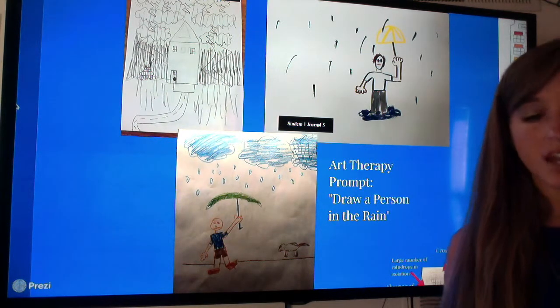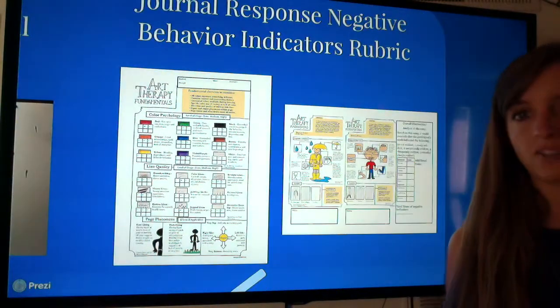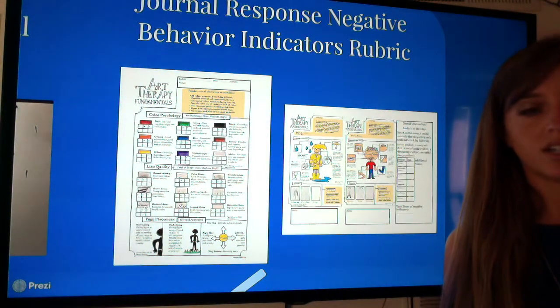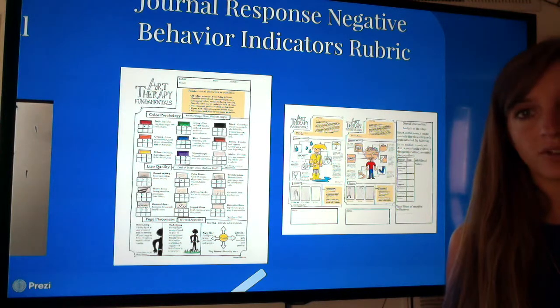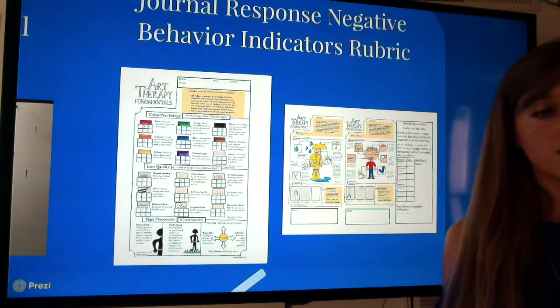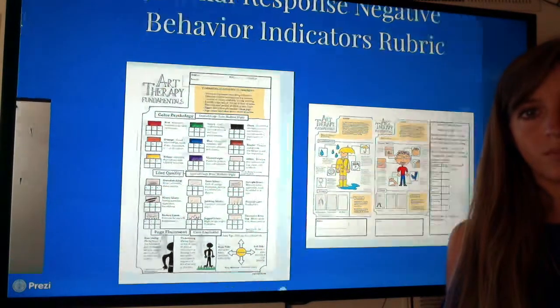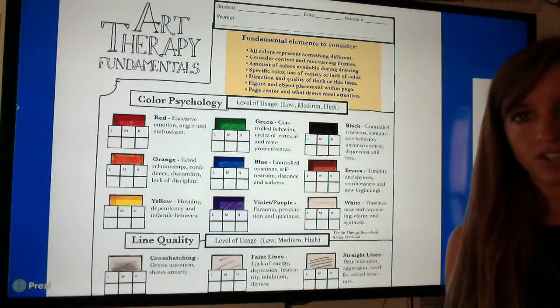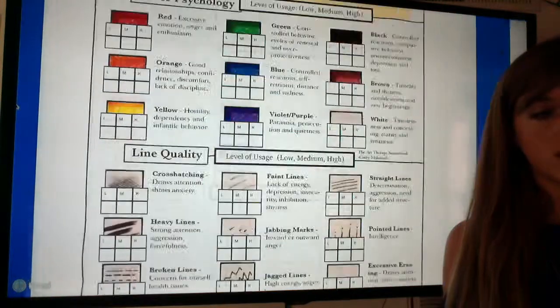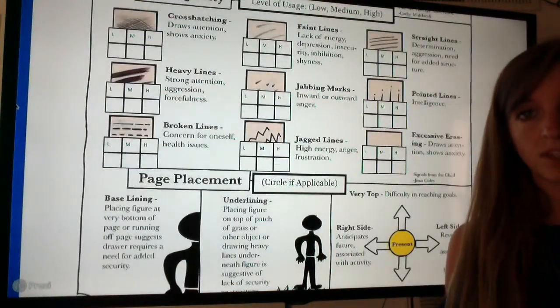Based on these prompts, I was able to use the rubric for negative behavior indicators to tell me different things that might theoretically indicate negative behaviors such as anxiety, depression, isolation. Each of these could be determined by looking at specific things in the drawing, such as colors, the quality of lines, page placement of the subject.